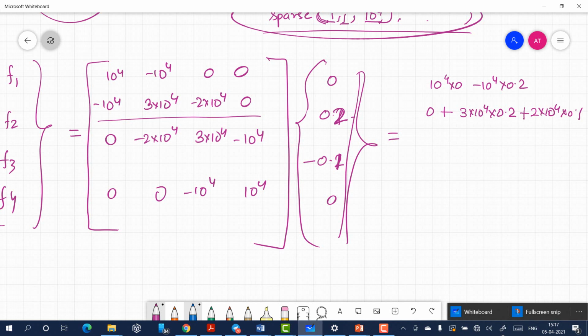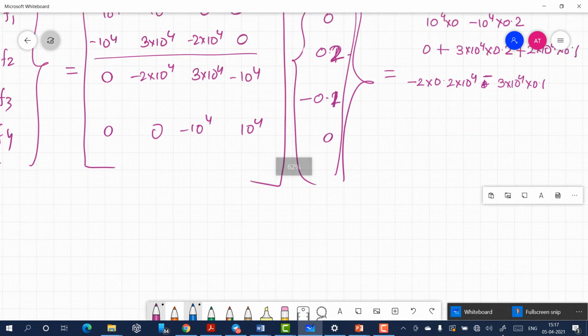For F3, the first term is going to be 0, and then minus 2 into 0.2 into 10 to the power 4, plus 3, minus 3 into 10 to the power 4 into 0.1, and then 10 power 4 and 0 is 0. So that is okay.